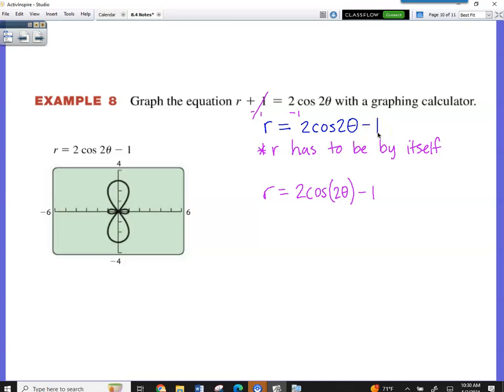R has to be by itself. And then you would go and graph it. They don't give us any restrictions on the viewing window, so we would hit Zoom 6 to be able to see it. Again, you're going to have two of these in your homework.